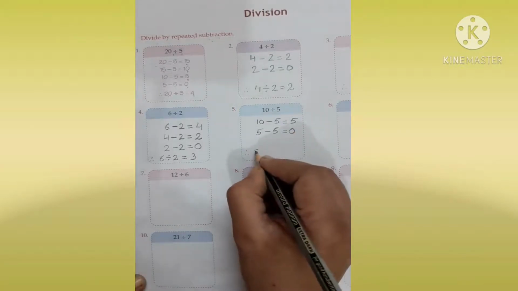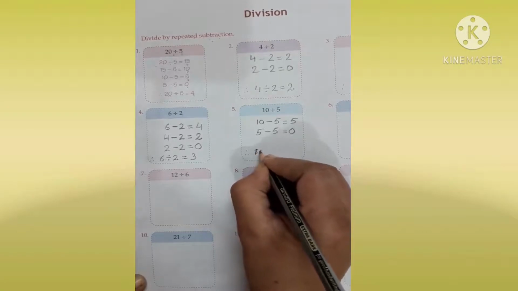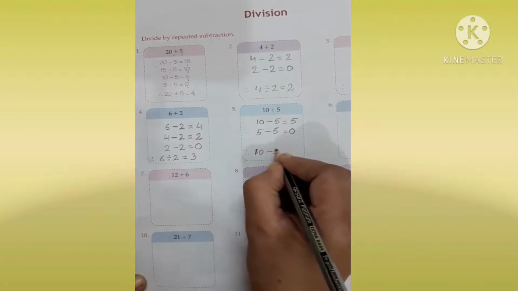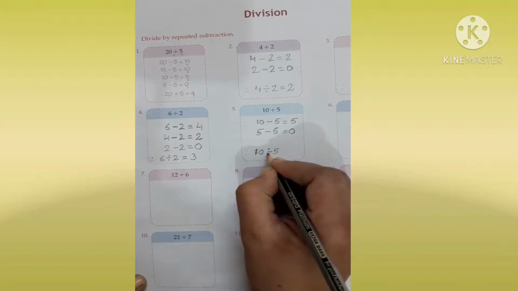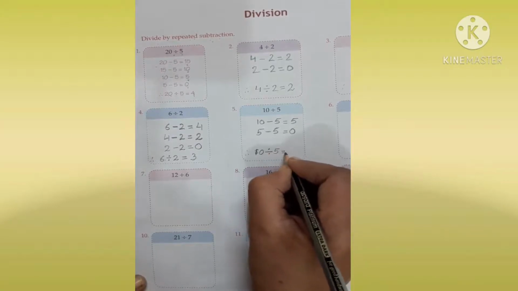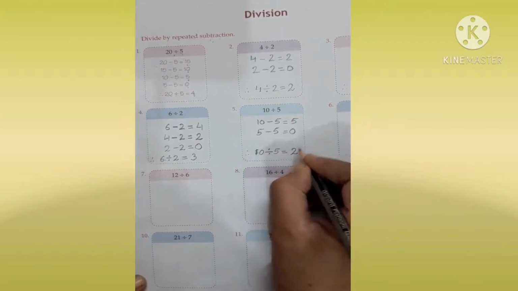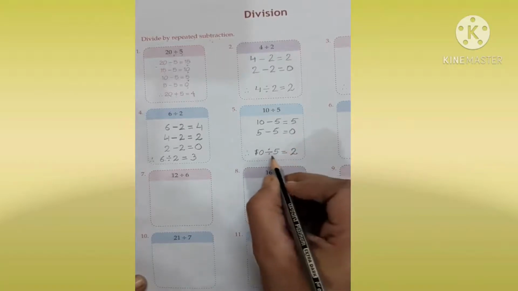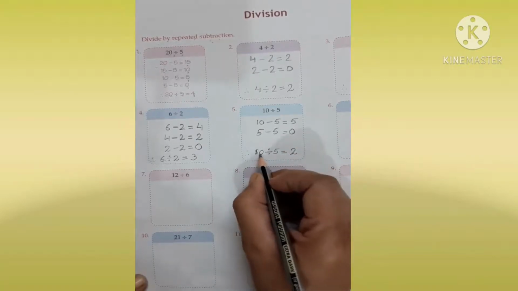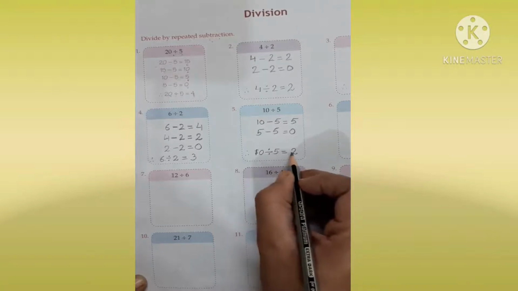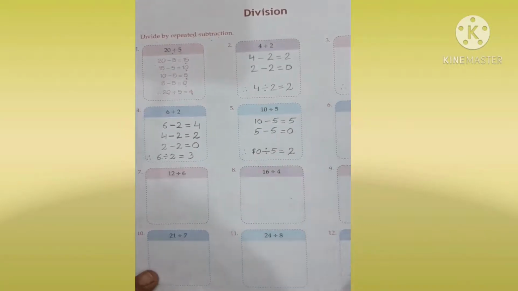So 10 divided by 5 is equal to 1, 2. So 5 twos are 10. Question 6.